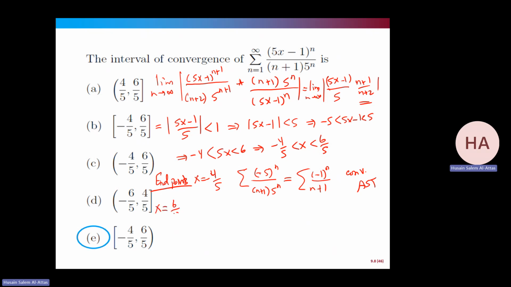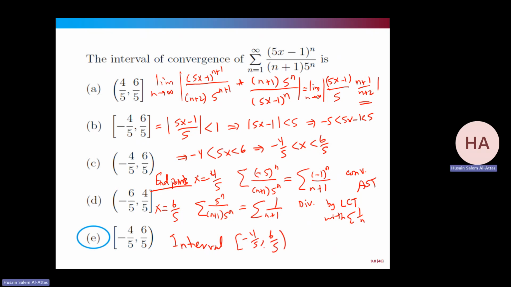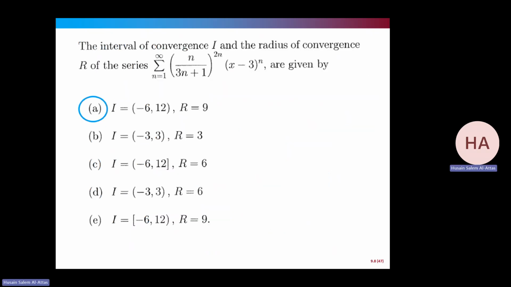For x equals 6 over 5, that will be the summation of (6 minus 1), that is 5 to the power n over (n plus 1) 5 to the power n, which diverges by the limit comparison test with the harmonic series. So the interval, which is what we're looking for, is minus 4 over 5 included, 6 over 5 not included. So this is the answer. Here I want R and the interval.